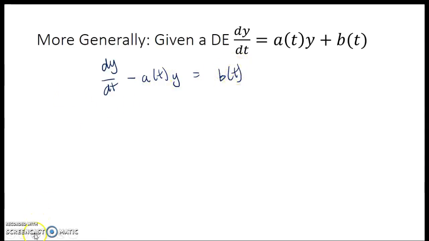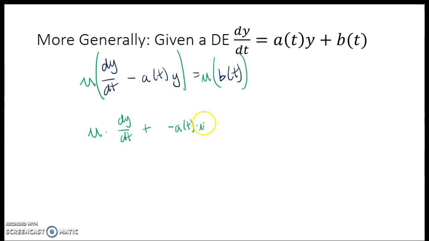Next, I'm going to multiply by some integrating factor that we're going to call mu on both sides. And so that leaves me with mu times dy dt plus negative a of t times mu times y equals mu times b of t.